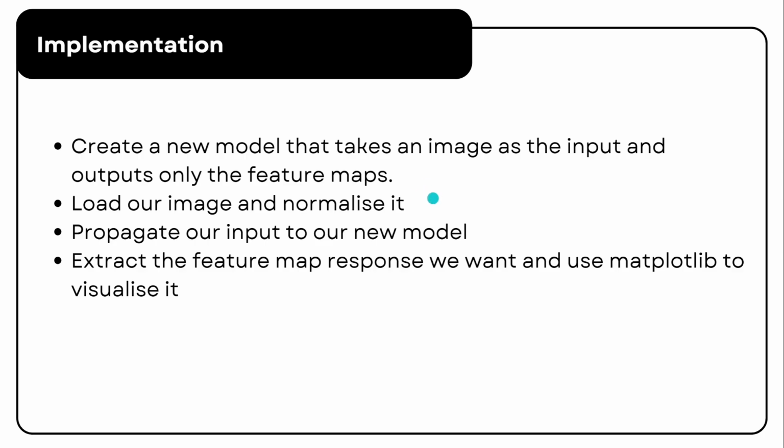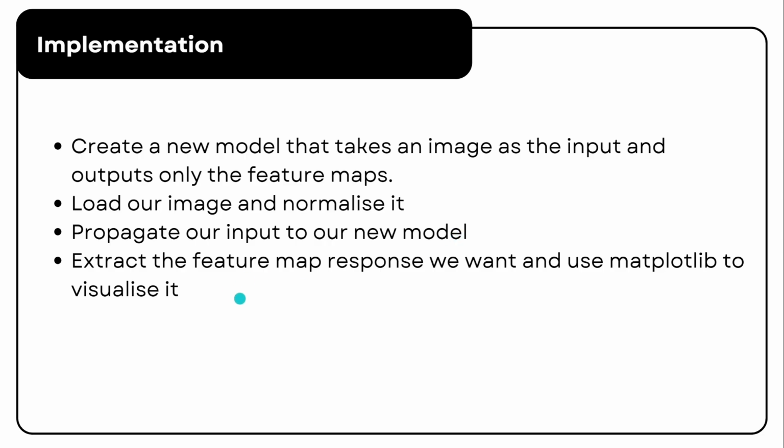Next, we load the input and normalize it. That usually means scaling the pixel values between 0 and 1, which works well with most models and is also ideal for visualizing with Matplotlib. Then we pass the image through the modified model. This will output the feature maps instead of the final classification.